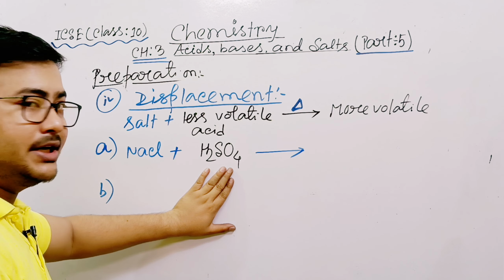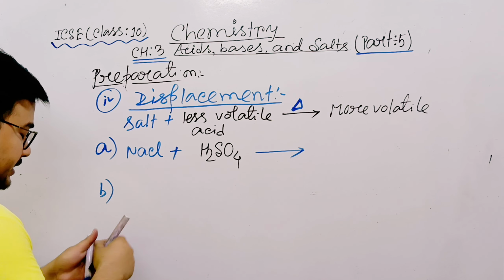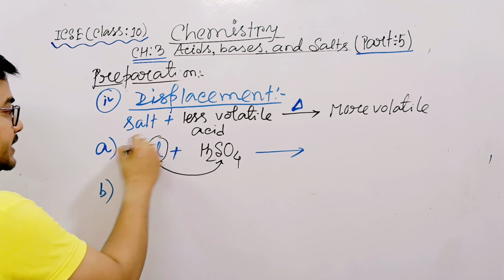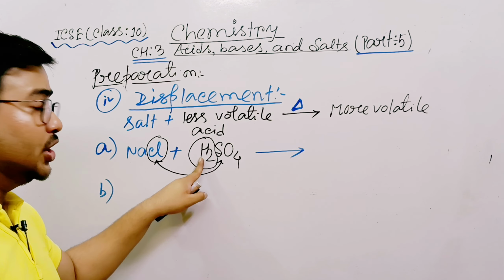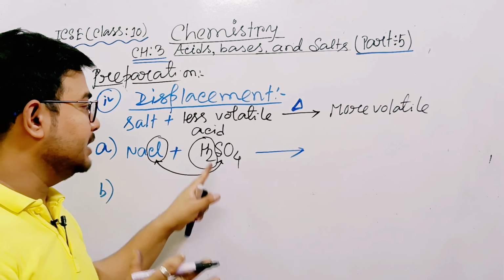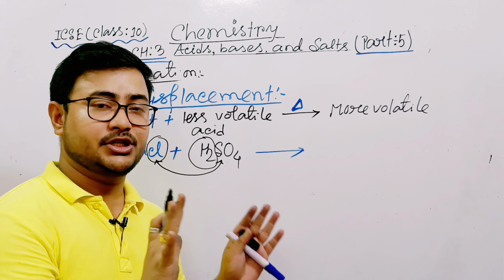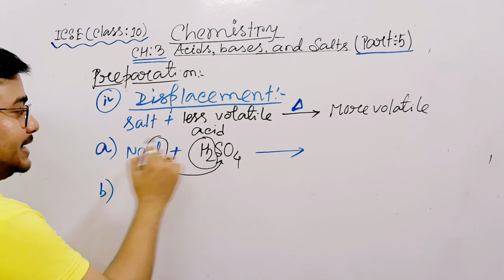It is less volatile acid and we have salt. Can you tell me when they react with each other, which acid will form? See, Cl and H. Forget this number 2, 2, 3, forget this number. We can maintain the number in the balanced equation. Forget about balancing. First try to prepare HCl, no?